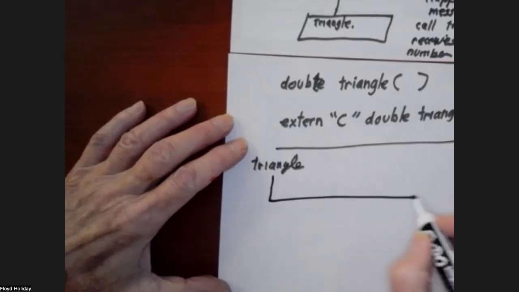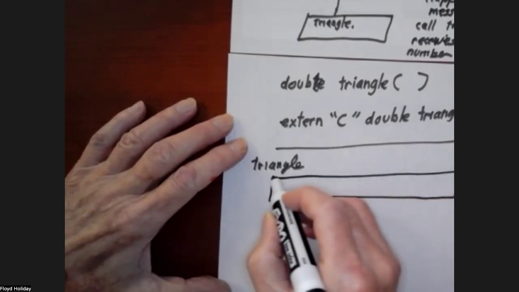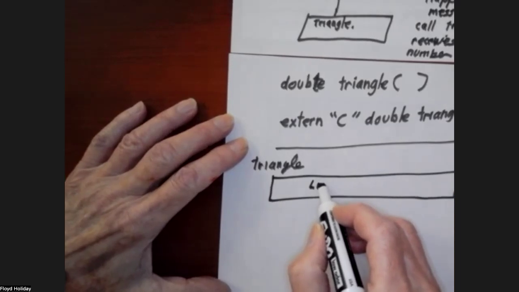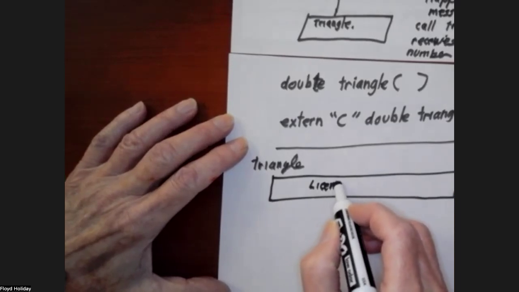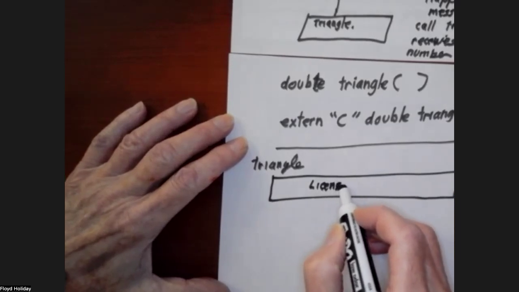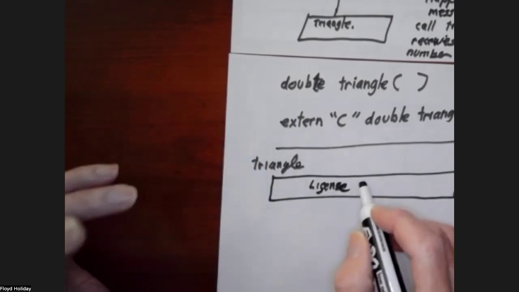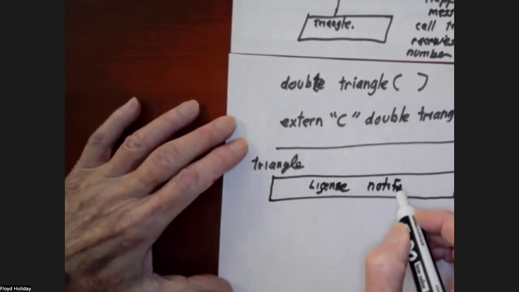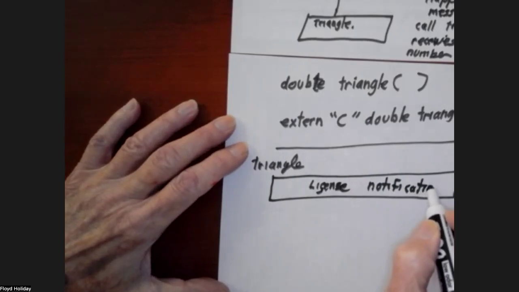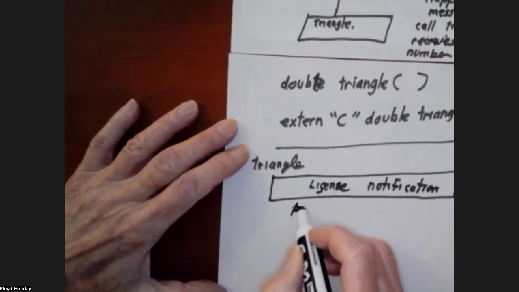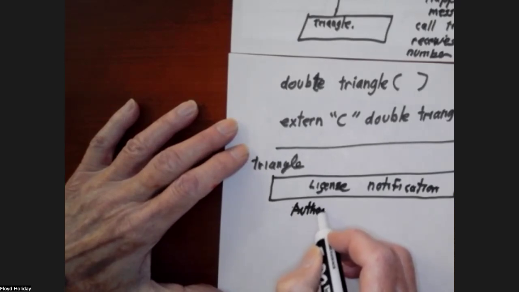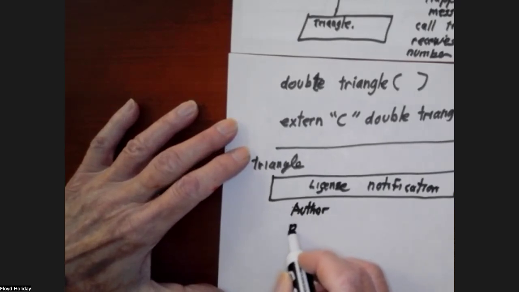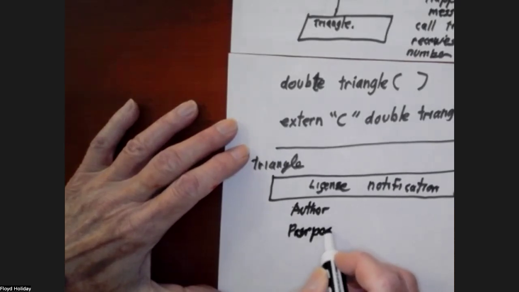The standard is, I'll try to be fast because I did some of this. There's a license at the top. It's not the license itself, it's a license notification. There's author information below that. And below that, there's a purpose, P-U-R-P-O-S-E.